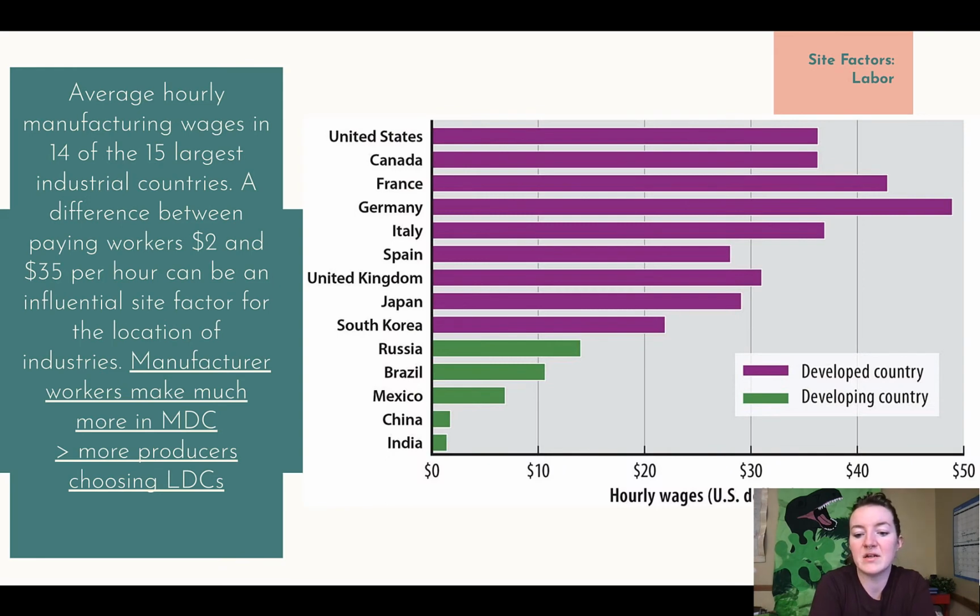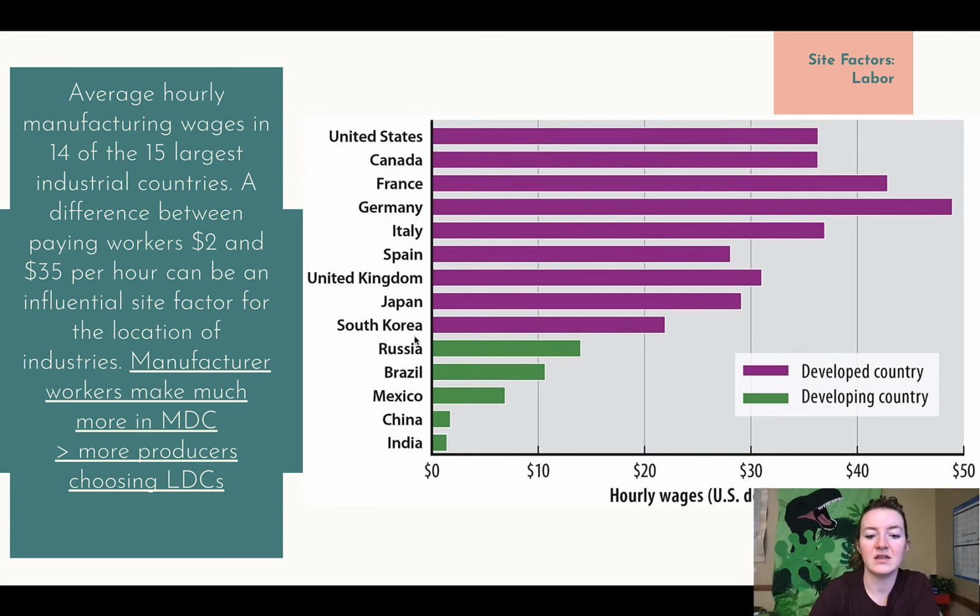Okay, so we have a graph here of hourly wages in US dollars, and this is for places all over the world, including the United States, but also many, many other countries. So purple is developed countries, green is developing countries. Notice how significant the difference is when we look at developed versus developing.